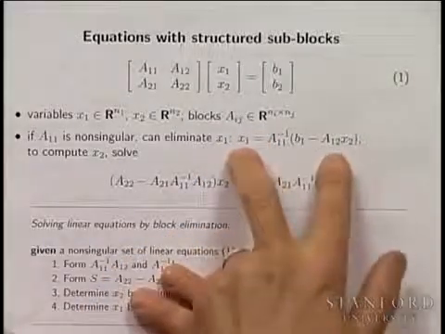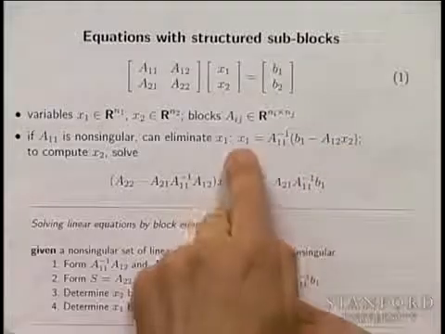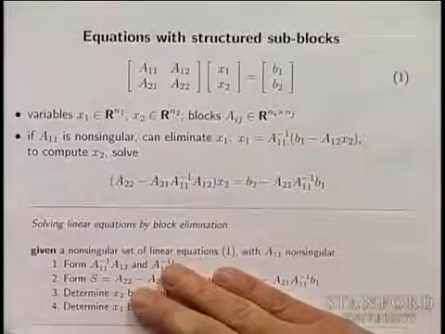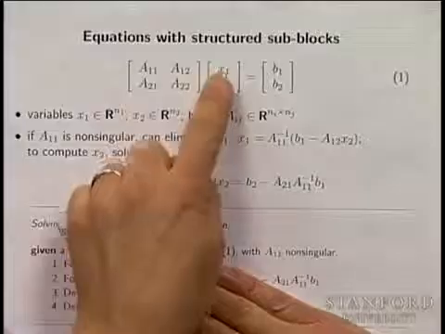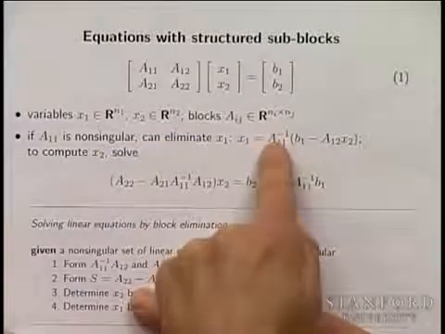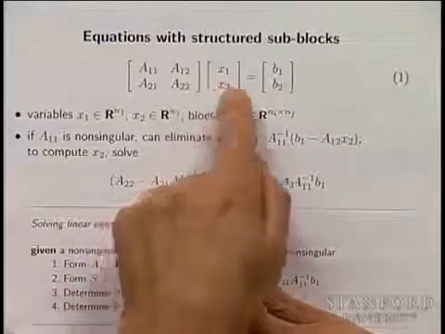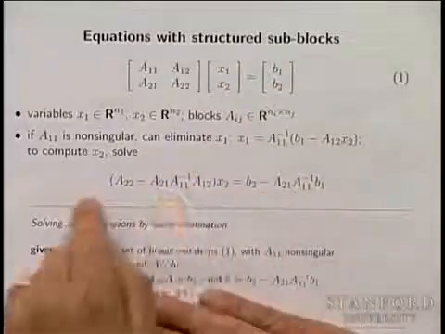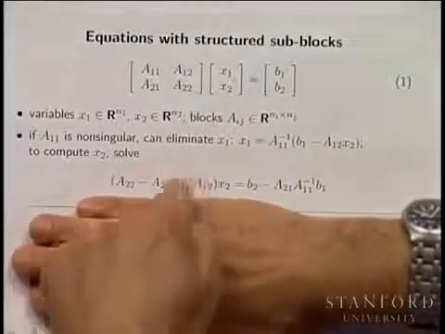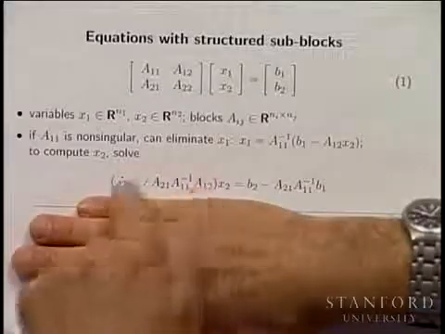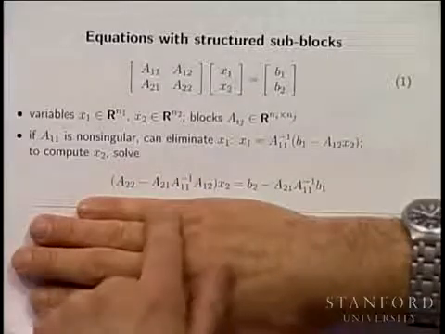That's x1. You back substitute x1 into the second equation. And in the second equation, you get A21 x1, that's A21 A11 inverse times this junk over here. And then that plus A22 x2 equals B2. And that equation looks like this. Now, this guy you have seen before, although you don't remember it probably, or maybe you do. That's the Schur complement.